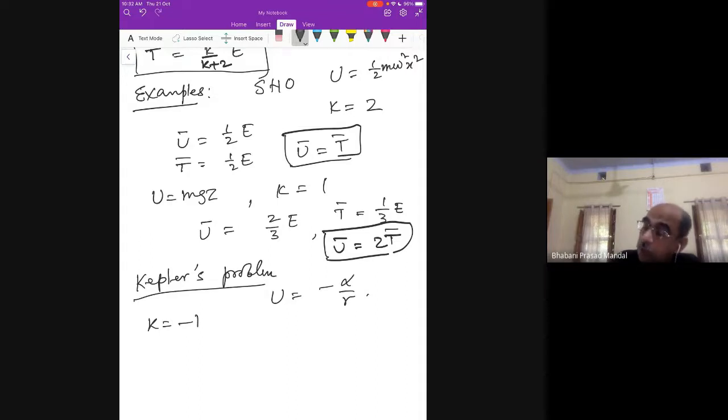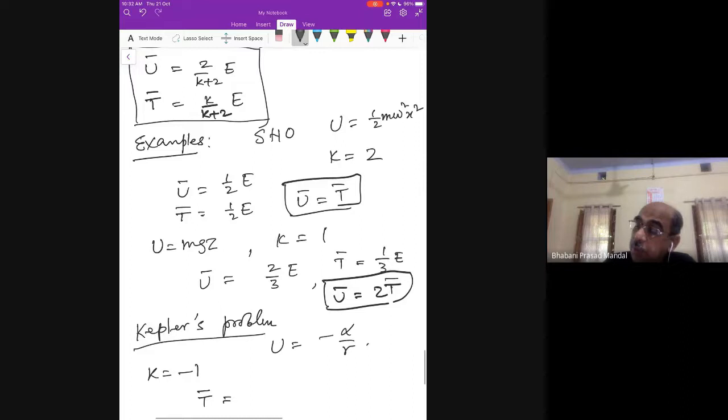If k equal to -1, then let us calculate average kinetic energy. Average kinetic energy will be -1 plus 2, so minus E. Is that a wrong result? Because average kinetic energy is negative of the total energy.